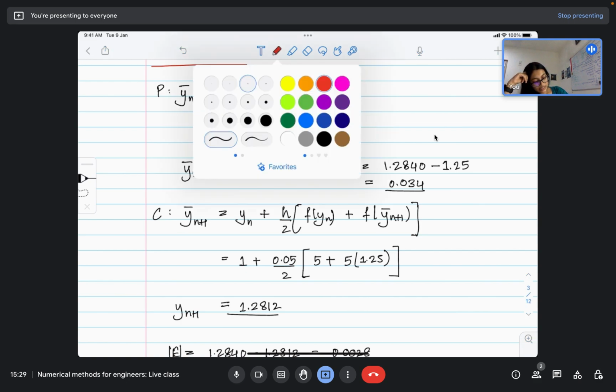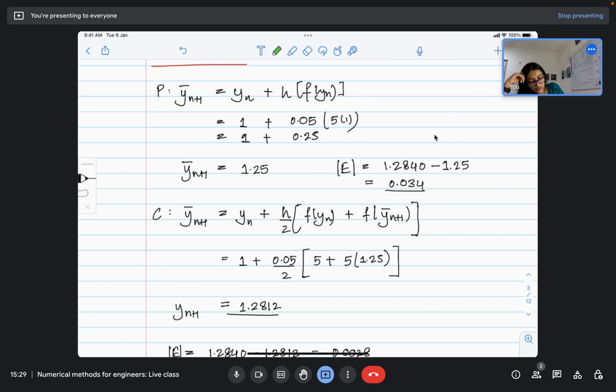Now let's see, using the predictor corrector method, what are we able to get? As we said, in the predictor corrector method, first we do a prediction. In this prediction, we compute the value of yn plus 1, but we label it as yn plus 1 bar, which is equal to yn plus h times f of yn.